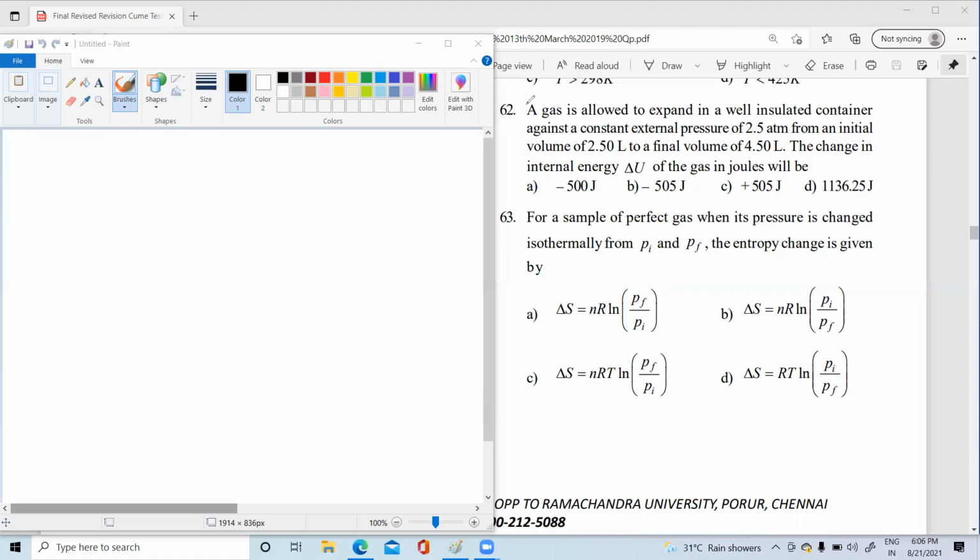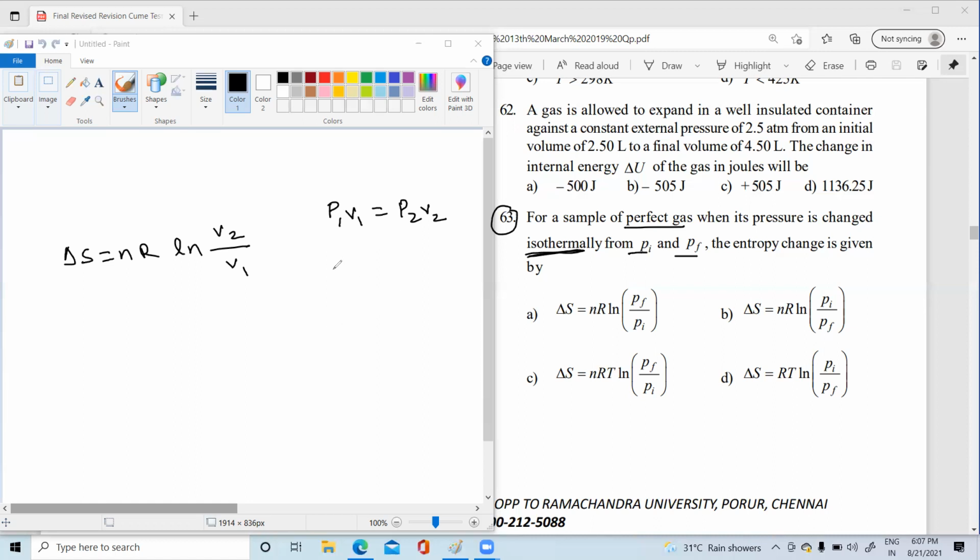Next, students, question number 63. For a sample of perfect gas, when its pressure is changed isothermally from P initial to P final, the entropy change is given by. As we know very well, students, del S equals NR ln V2 by V1. According to Boyle's law, P1 V1 equals P2 V2.